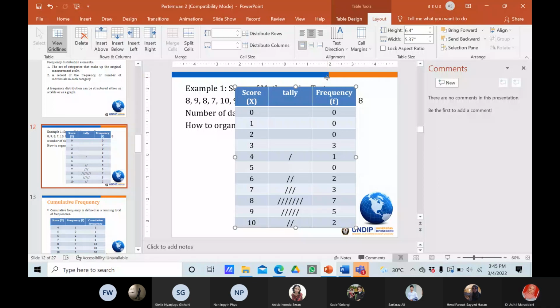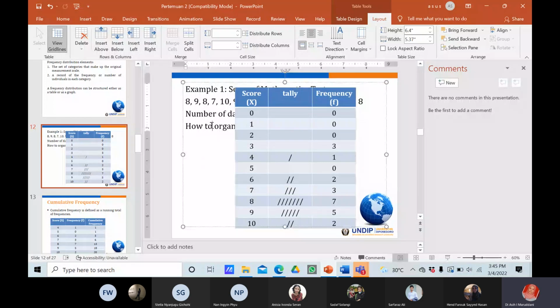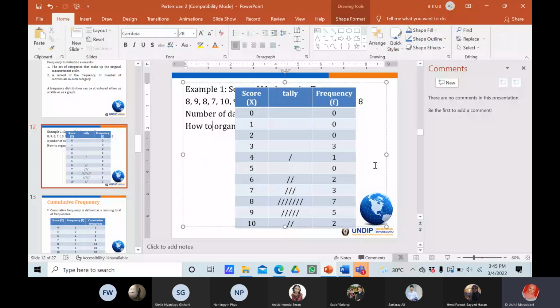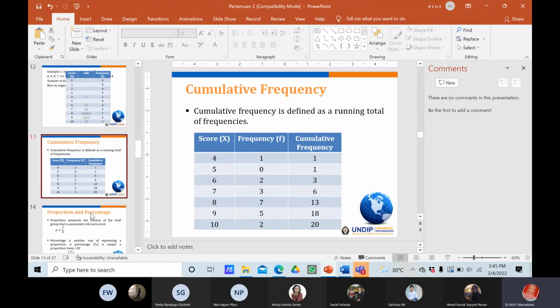Sarfaraz? Okay, I hope Sarfaraz knows enough about frequency distribution. Then we move to cumulative frequency.